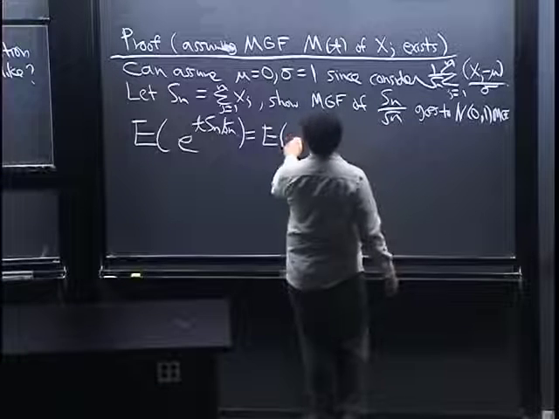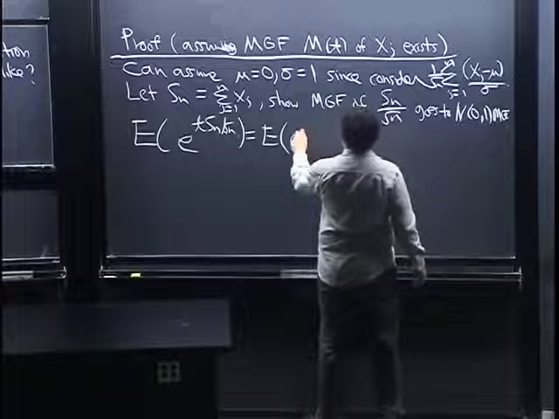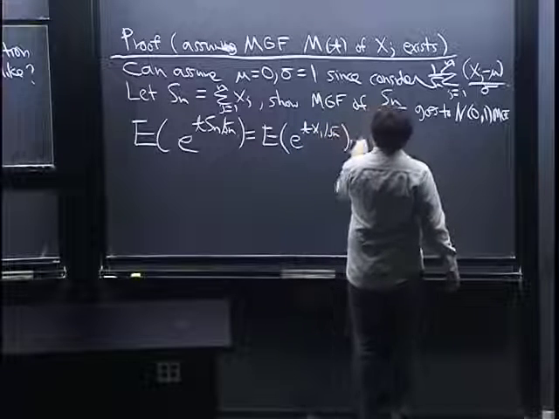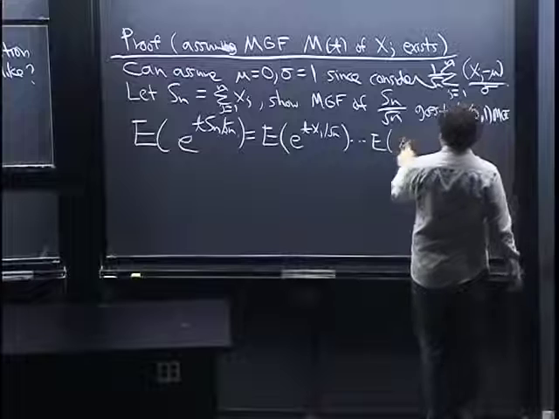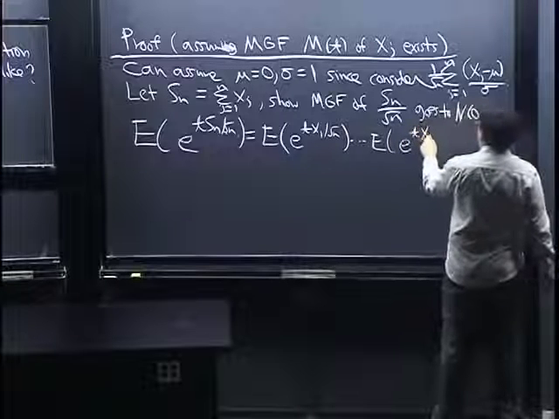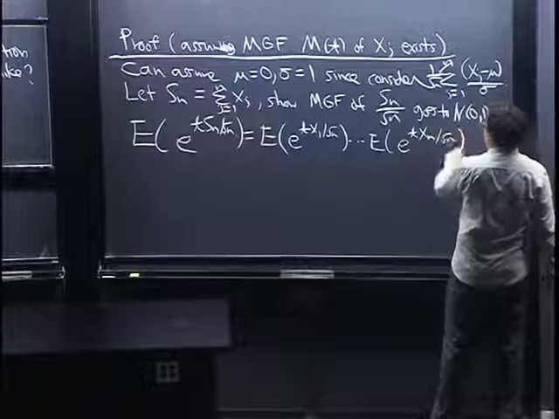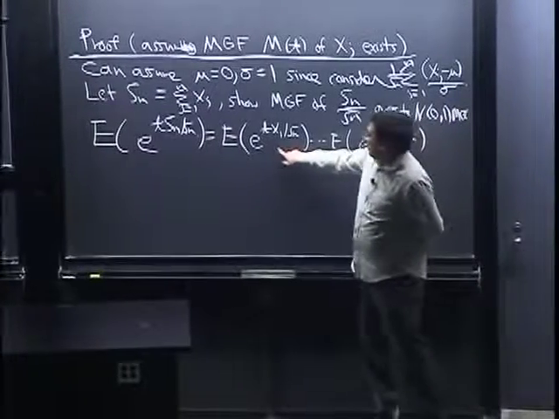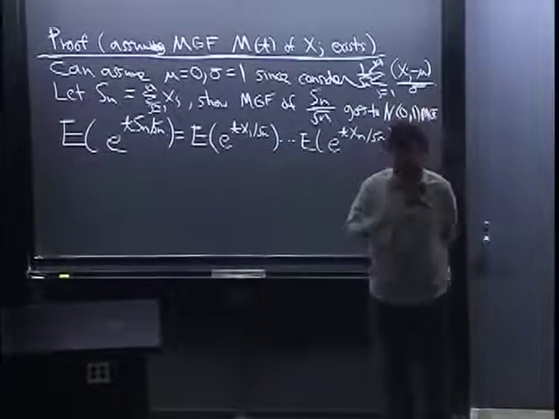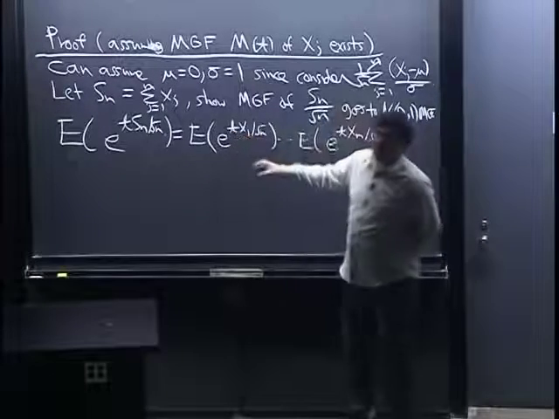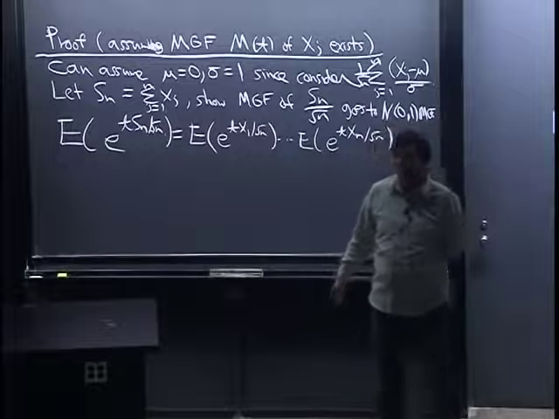So we can just split it up as a product. The general term is e to the t xj over root n. I'm just using the fact that those are uncorrelated, so we can write the expectation of the product as the product of the expectations.